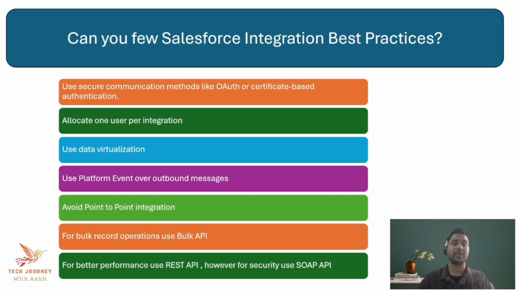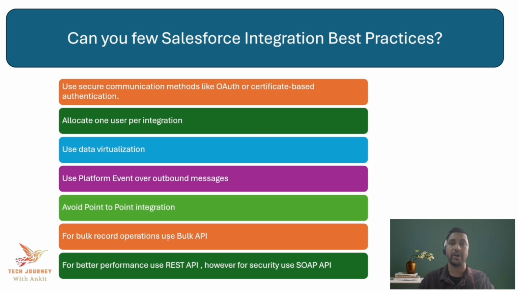Again, whenever possible, go for platform events, because platform events offer lots of flexibility over outbound messages. But in case the external system expects the data in SOAP API form, then you have to go with the outbound message. But in case not, you can definitely use platform events.